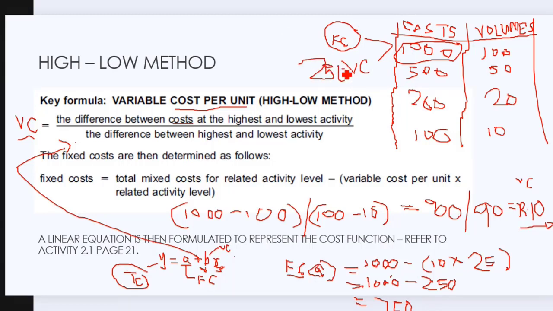And then my fixed cost, sorry guys, it's 750. This helps you when you're doing your direct work. Because you need to know where your fixed costs are. Are there any questions when it comes to high-low method? Straightforward, no?